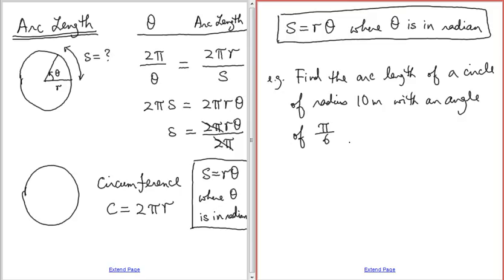We are looking for the arc length. So we have s equals r times theta. Can we tell what would be the r? R stands for the radius. So what is the radius? 10.